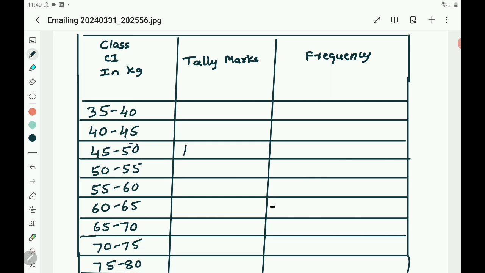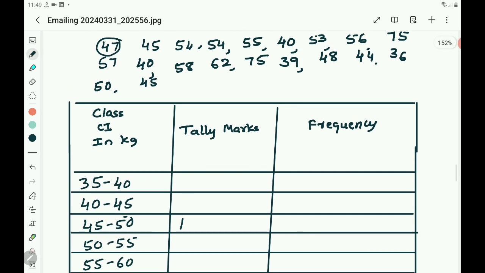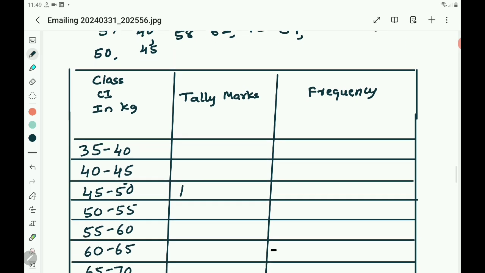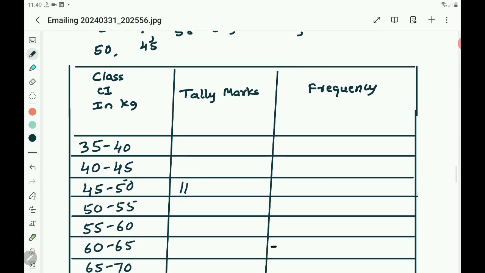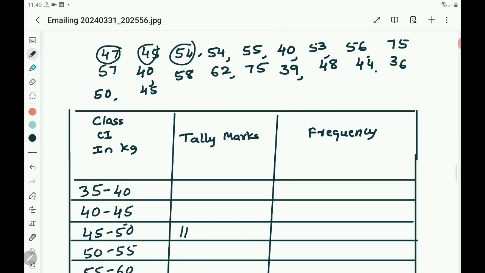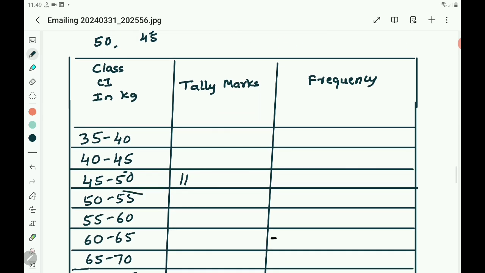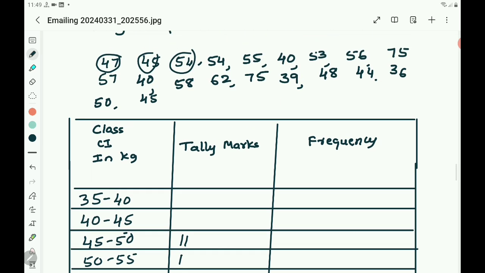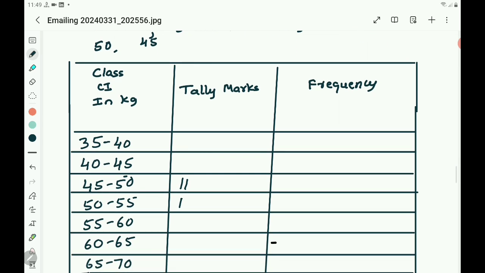Draw the tally here. Next 45. 45 comes again in the same group, 45 to 50. Next 54. 54 comes in the group 50 to 55. Next 54. Again it comes in the same class.